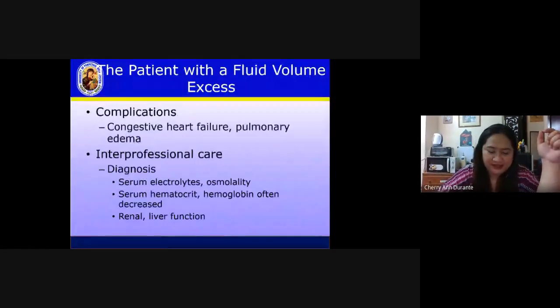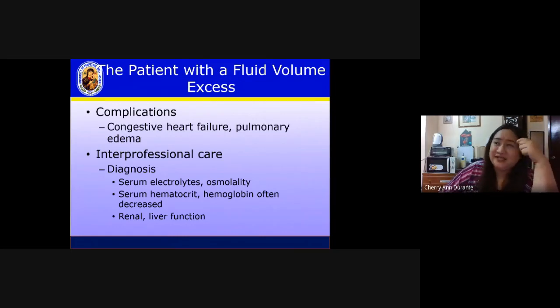So what about complications? It can lead to CHF, congestive heart failure. We mentioned it earlier. Why would I have congestive heart failure when there is fluid volume excess? Because it's additional workload for the heart.